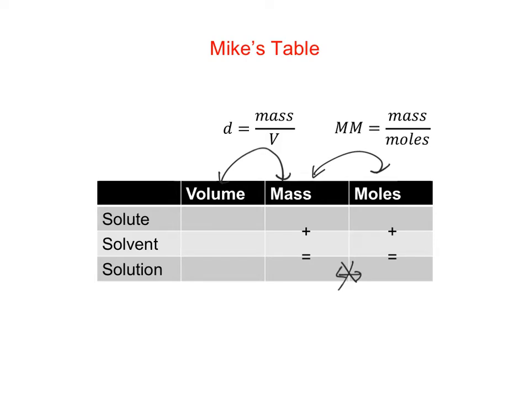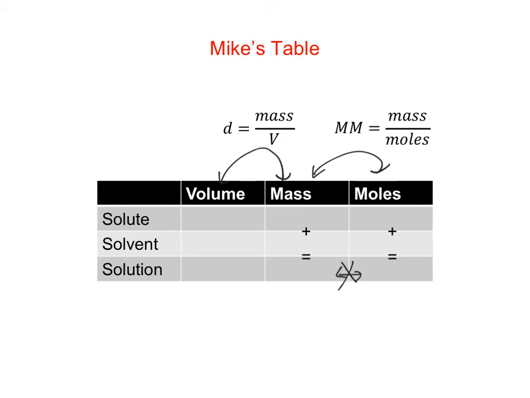It's generally going to be less than the sum of the 2 volumes that I started with, because those molecules can get in there amongst each other. So I didn't put the plus and equals here because I can't do that. We'd either have to measure the volume of the solution directly, or if I knew the mass and the density of the solution, I could use the density to go back and forth between these 2.